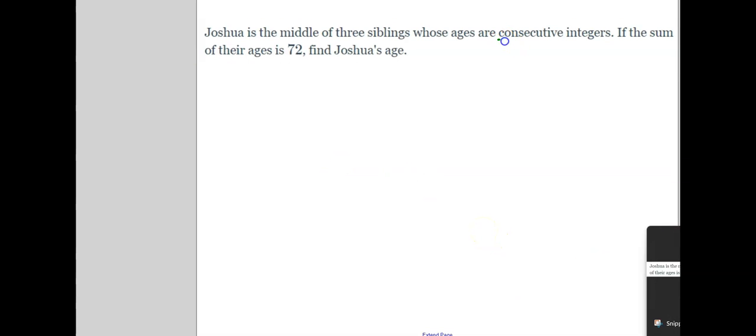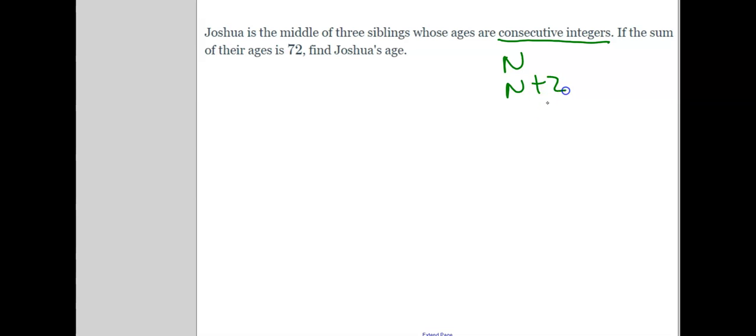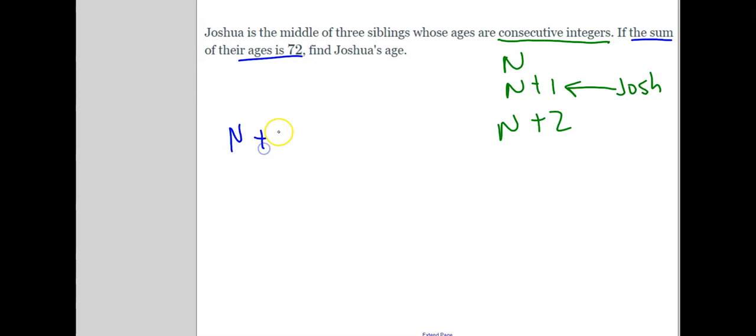So 3 siblings are consecutive integers. So the first, the second, and the third. This one is Josh, and that's who we're looking for. It tells us that the sum of their ages is 72. So the first plus the second plus the third is 72. Combine like terms.